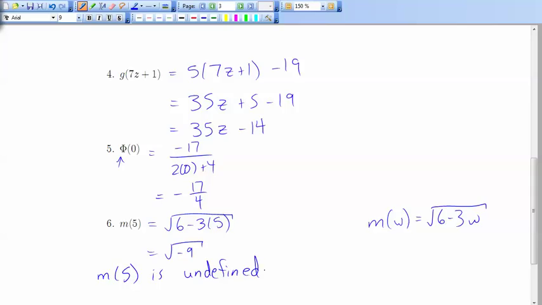So what's just happened here? We've tried to plug in a certain value for w that's not allowed in that function. So that's something we'll keep an eye on, and we'll talk about it soon. But this is a key idea. Some values cannot be plugged into certain functions.